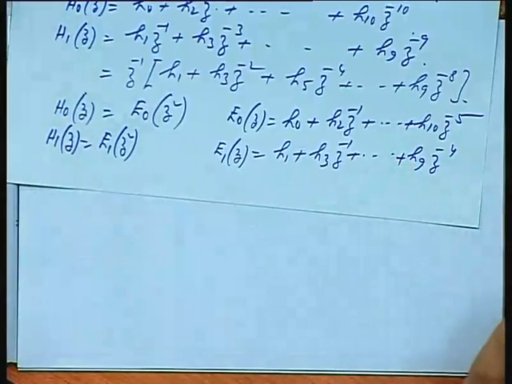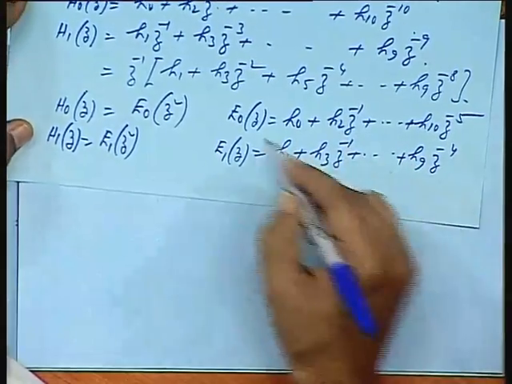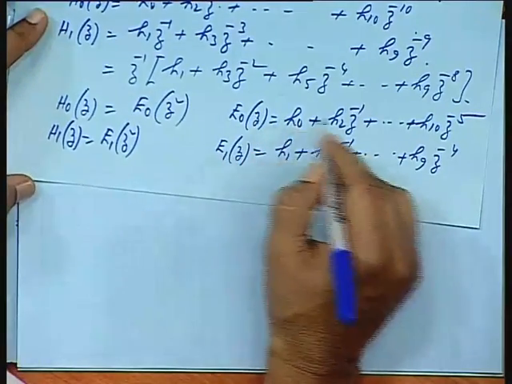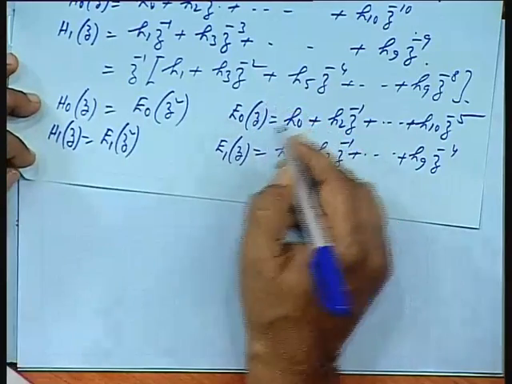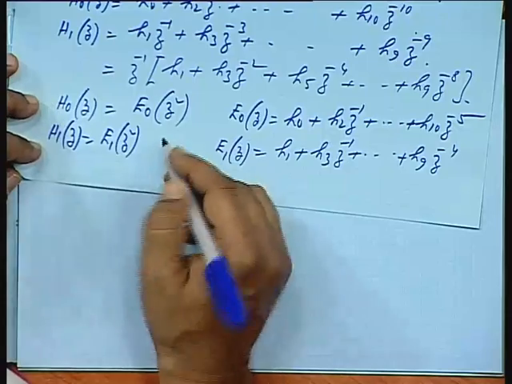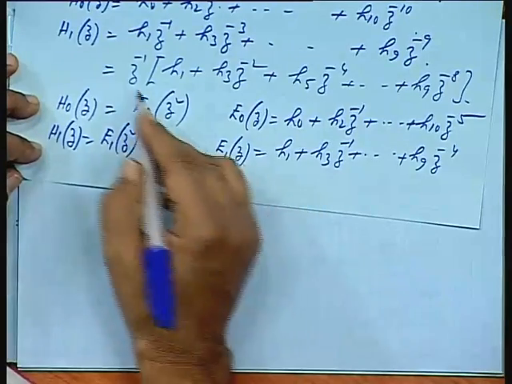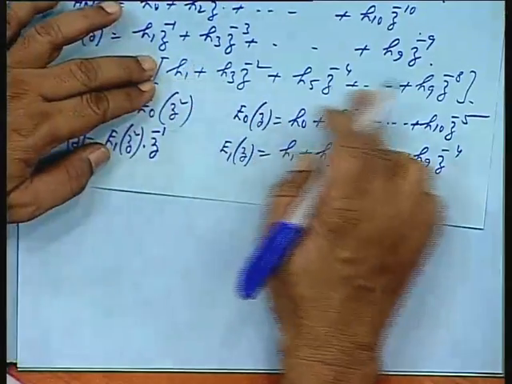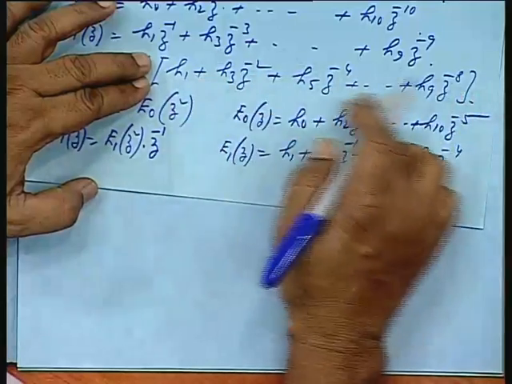Do you agree? It is a polynomial in z to the power minus 1, both of them, E0 and E1. If you replace z by z squared, we will get H0 and H1. Sorry, if I take out z inverse, this is H1, all right, this is E1, E1 of z squared.